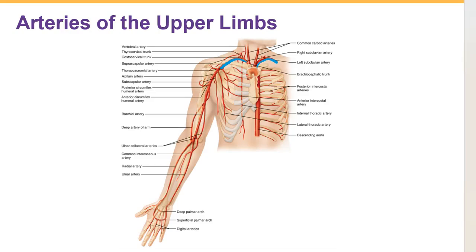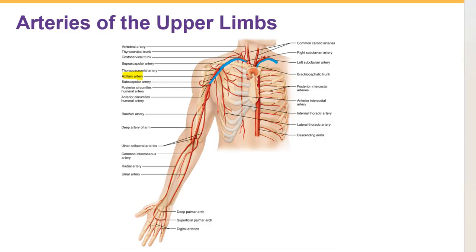Subclavian artery travels down the limb, and then at the armpit region it is called the axillary artery. So after the subclavian artery, we have our axillary artery at the armpit region.